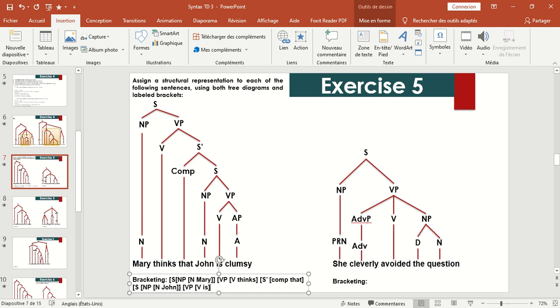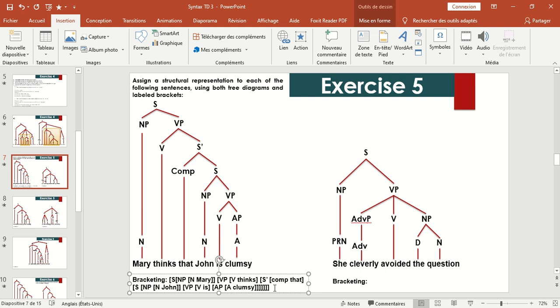We close it. And we have an adjectival phrase, which is composed of just one adjective, clumsy. We need to close everything that we've opened. So we close the adjectival phrase, the verb phrase, the S bar, the VP, and the sentence.